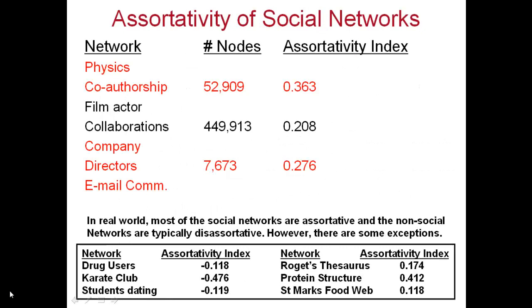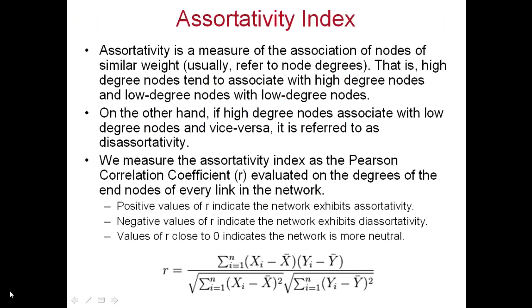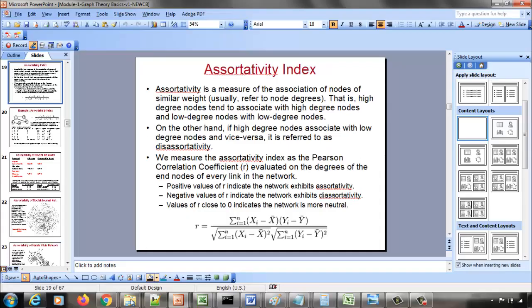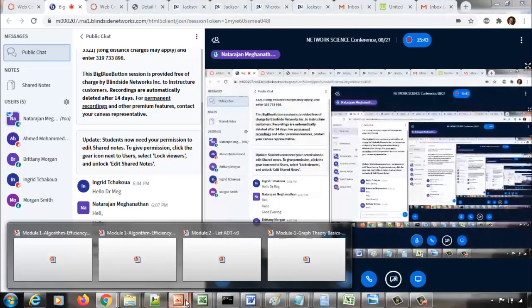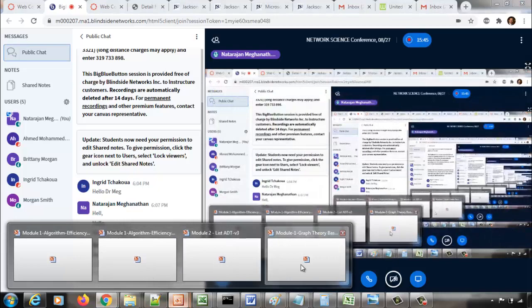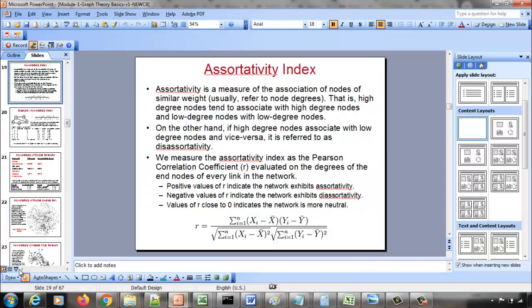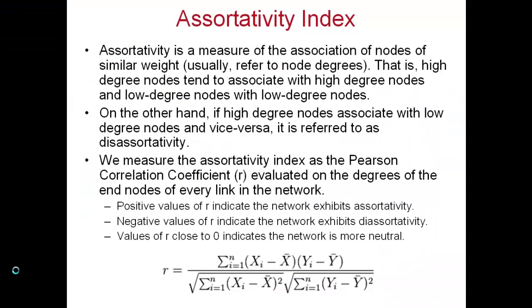And the last thing we went through last time was the Assortativity Index. So the Assortativity Index is a measure of how similar the end vertices in a graph are with respect to degree.